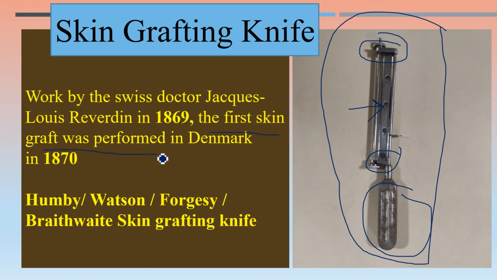Almost 150 years back, the first skin graft was performed, and this is known as the Humby skin grafting knife, the Watson. These are the various varieties and variations of skin grafting knife. And for Jesse, the Braithwaite skin grafting knife.